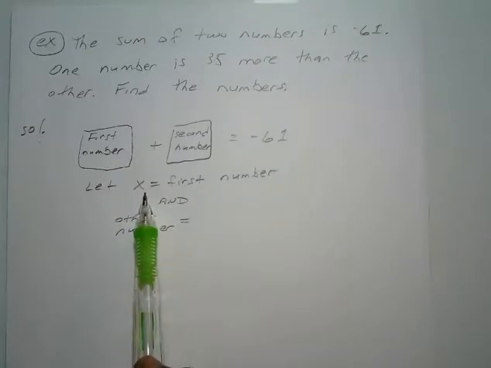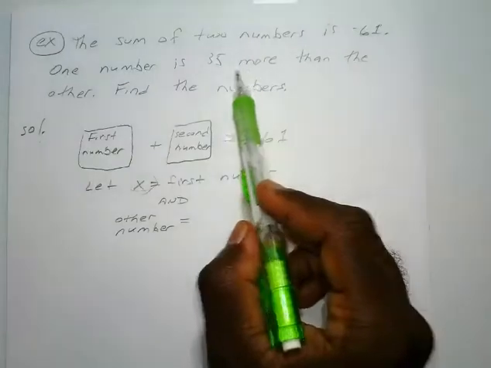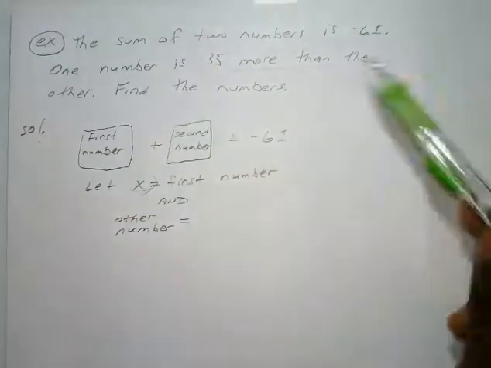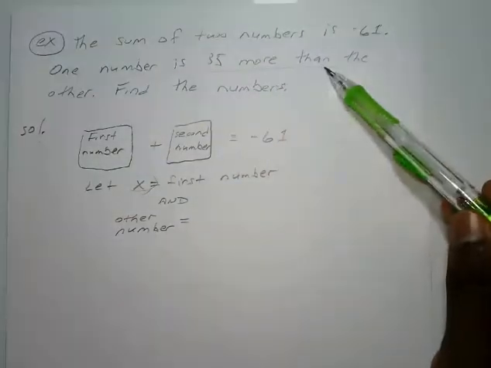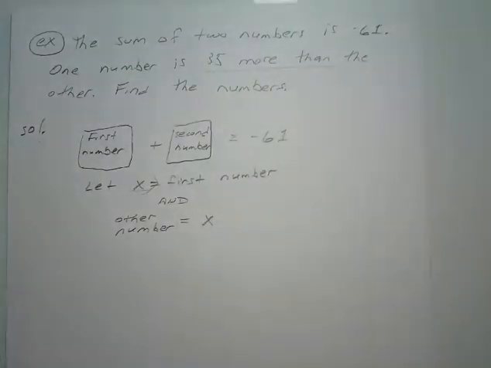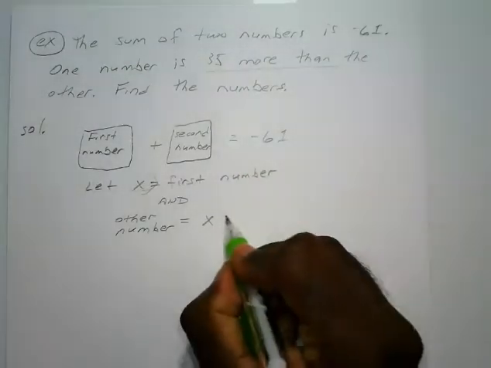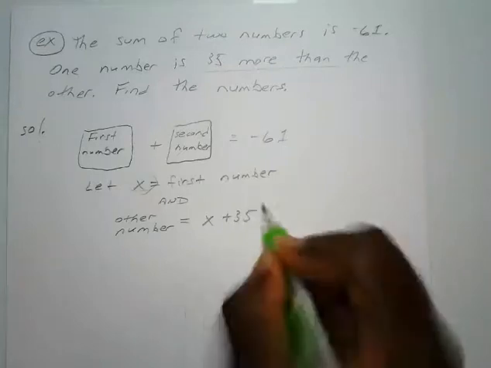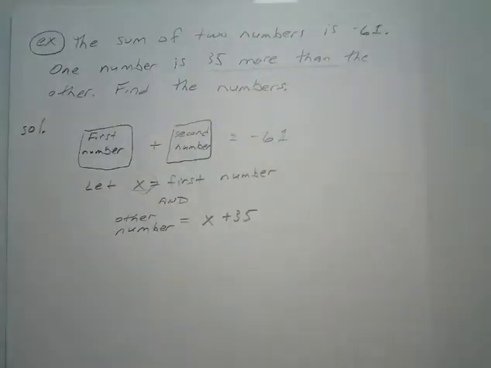So this is one number, x, and we know that it's 35 more than, which is addition. Now 35 more than x is x plus 35. So hopefully that part of it made sense.